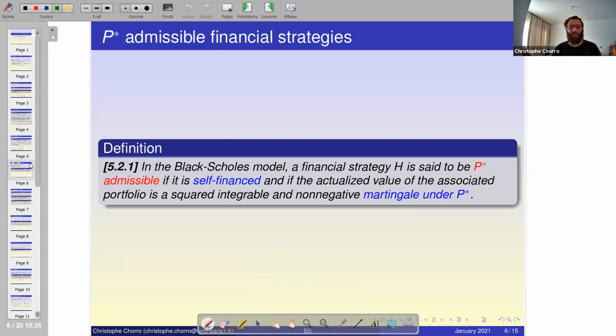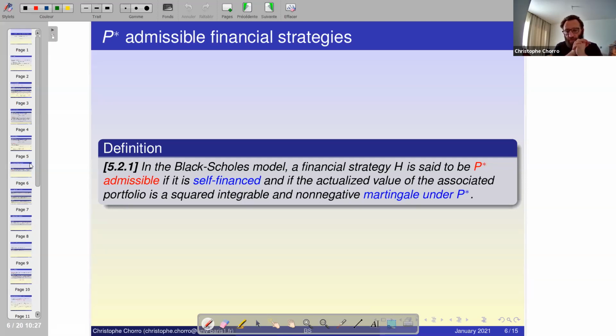We have defined, in the case of the Black-Scholes model, the strategies we are going to work with, that we have called the P star admissible financial strategies. P star admissible financial strategies are strategies that are self-financed, meaning that I can readjust my portfolio at any time, but I have to respect the budget constraint at any time.